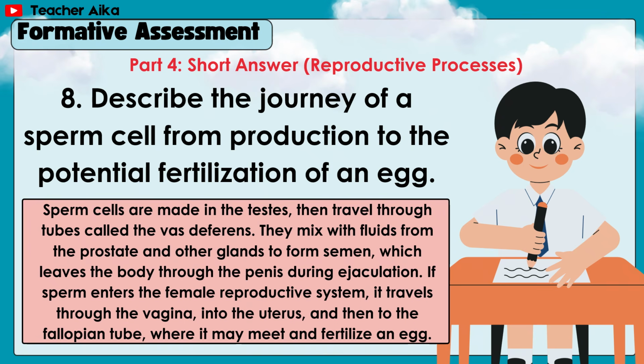They mix with fluids from the prostate and other glands to form semen, which leaves the body through the penis during ejaculation. If sperm enters the female reproductive system, it travels through the vagina, into the uterus, and then to the fallopian tube, where it may meet and fertilize an egg.